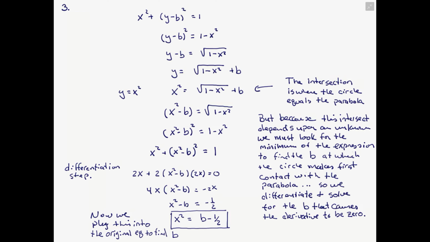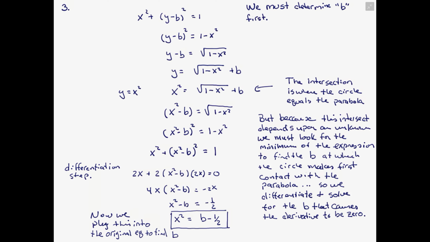So we took an implicit differential, set it to 0 to solve for the minimum, and then we just carried out the algebra, and we found that x squared is equal to b minus 1/2, and that gives us something to plug back into the original equation that shows the intercepts, which is x squared plus bracketed x squared minus b squared equals 1.